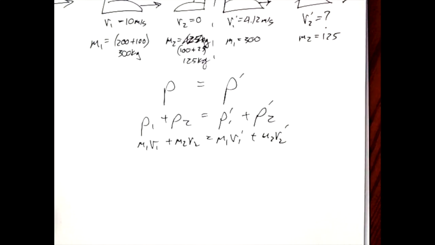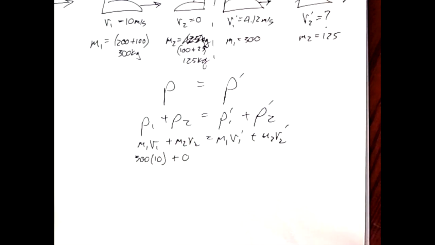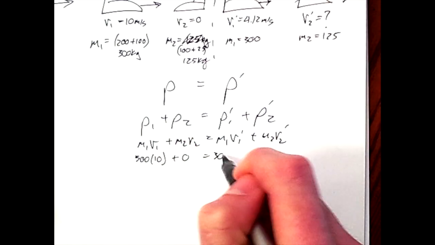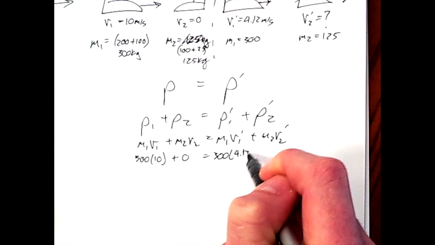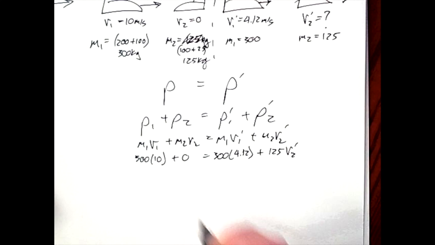Okay, so then put all the numbers in. This is 300 times 10 plus 0 equal to 300 times 4.12 plus 125 times V2 prime. I got V2 prime equal to 14.